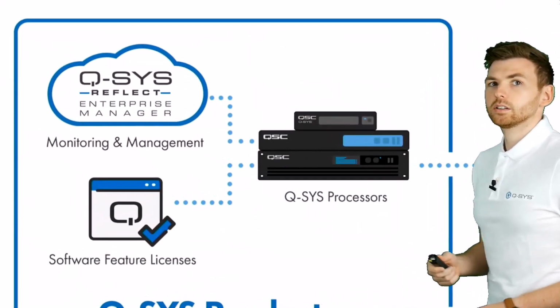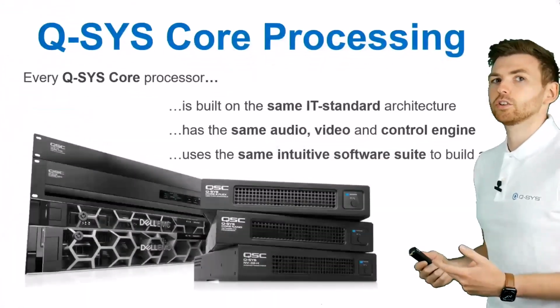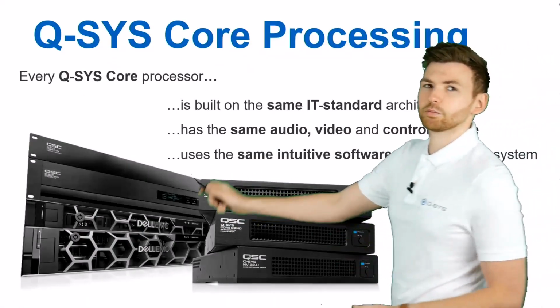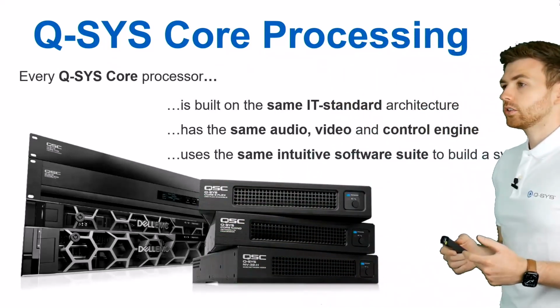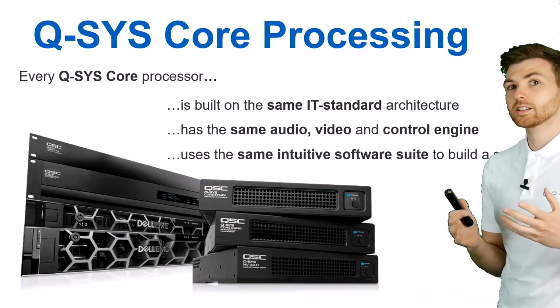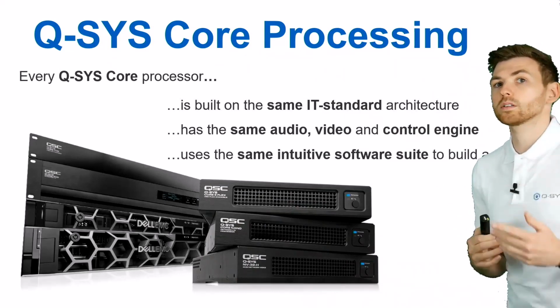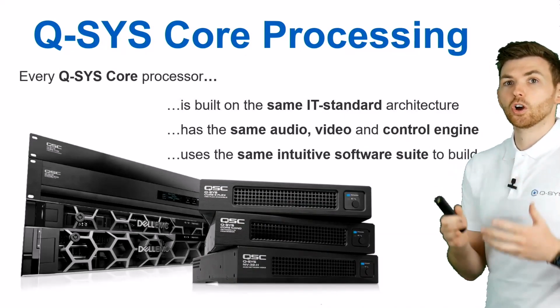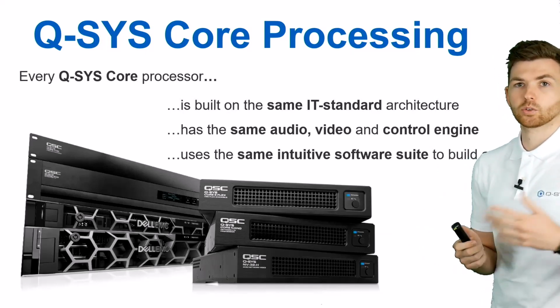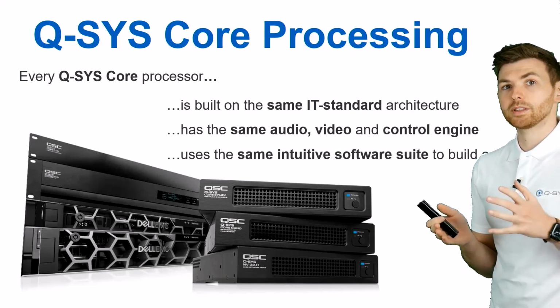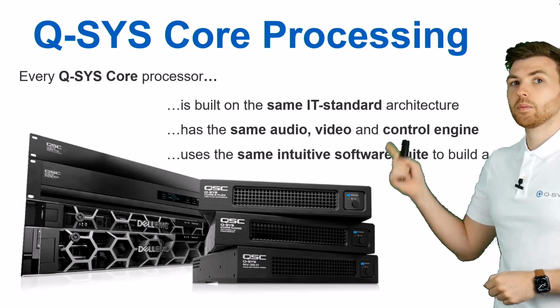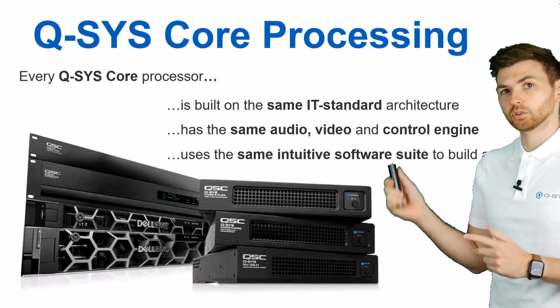Now, the thing you see here is lots of different Q-SYS cores. There's a big pile of different products here. The key thing to recognize is that these really are all essentially the same thing in terms of what they're capable of, in terms of the jobs that they do, okay? Whether that's audio processing, control, video, they're all the same in that regard. They all have the same IT standard architecture, and we'll talk about that in a minute.